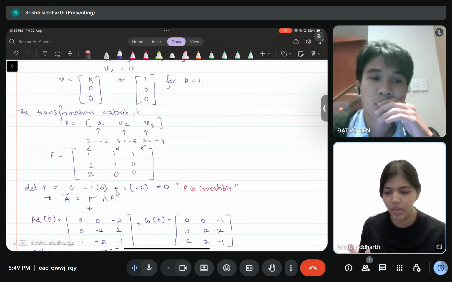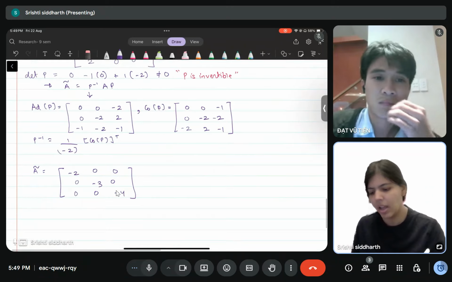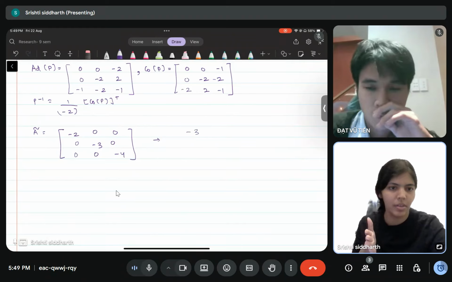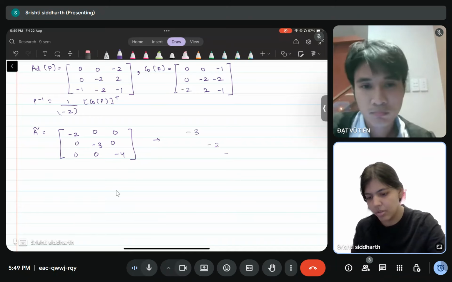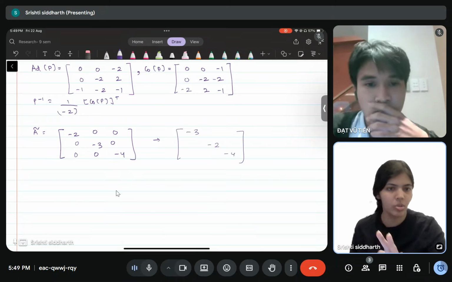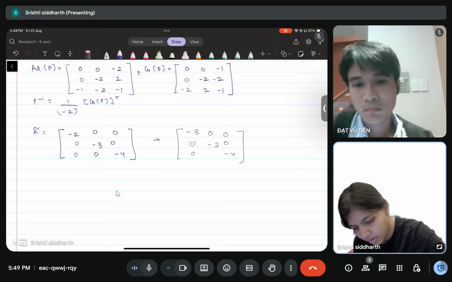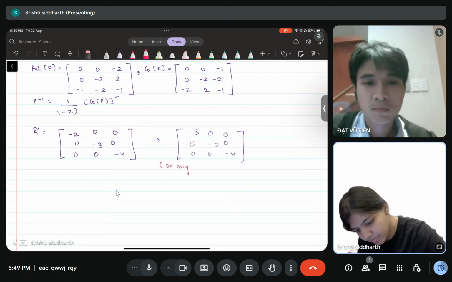If you switch any of these, just make sure that P is still invertible. And in that case, you would get maybe something like, if the minus 3 eigenvector was the first one, this would be minus 3, minus 2, minus 4. This is also completely fine. Or any other choice.